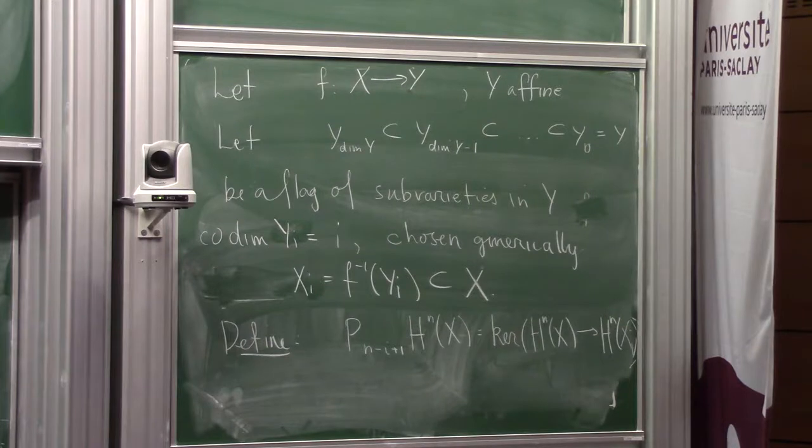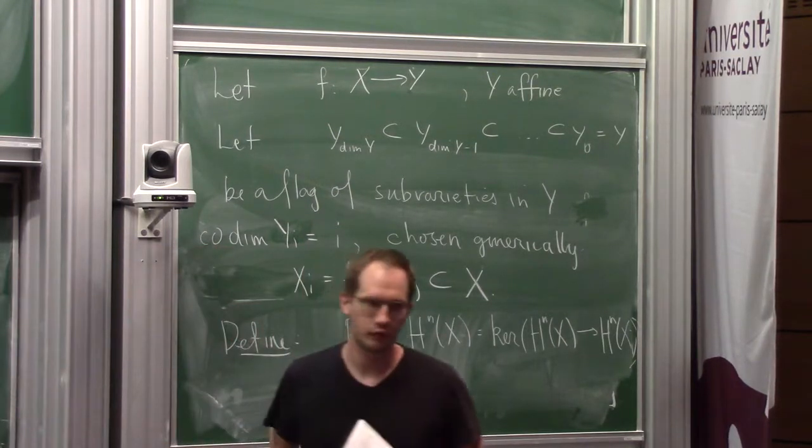U being affine means this maps the identity. So Gr^P_J H^n is equal to 0 if J is not equal to n, and H^n if J is equal to n. Okay, so it's fairly trivial.